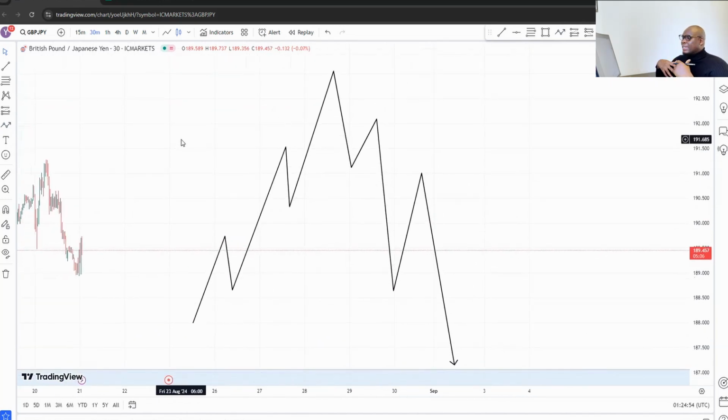So I'm going to give you guys a key hack. When you want to draw your key levels, or let me use the word zones, in the market where the market could be offering you a trade opportunity, just look at the trend first, then identify the structures.